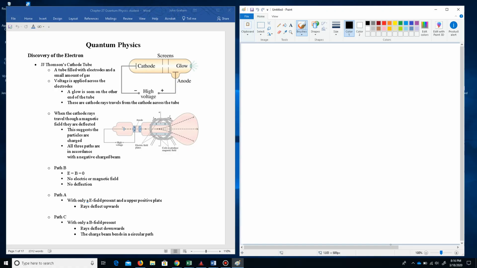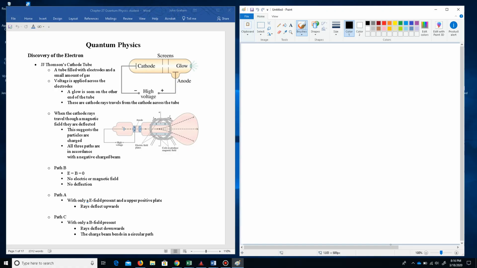He filled this tube with electrodes and a small amount of gas, and then applied a voltage to it. What they saw was a glow on this side. So they could see that these cathode rays traveled from one side across, and there was a glow.